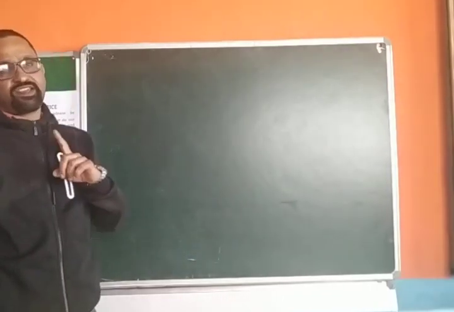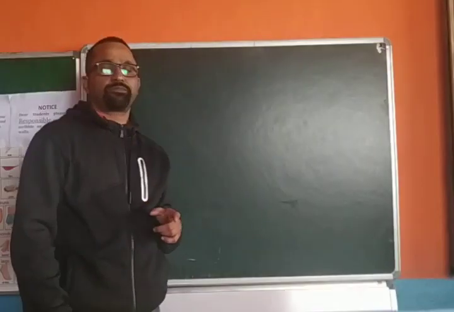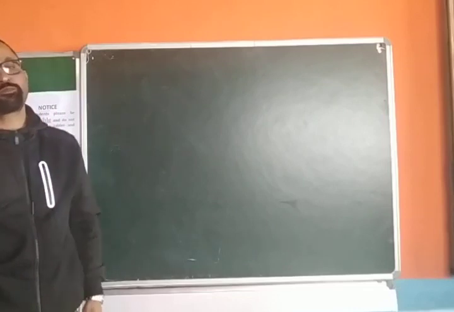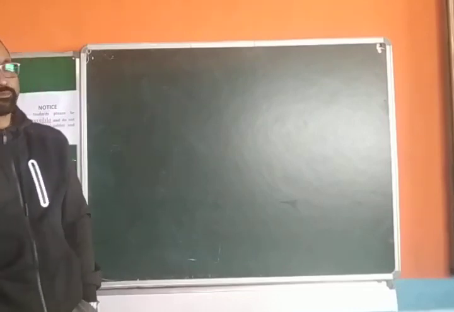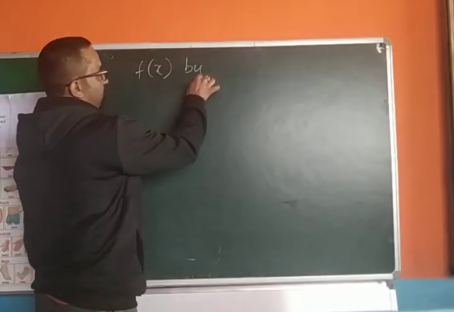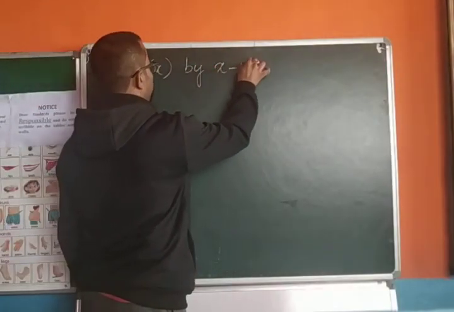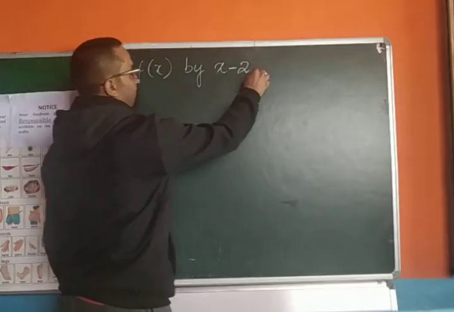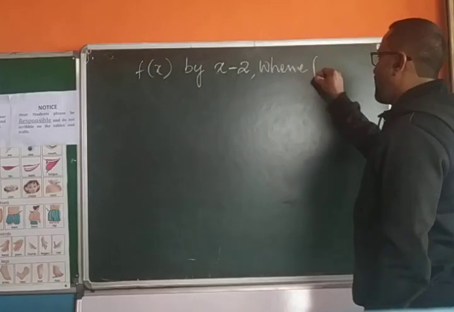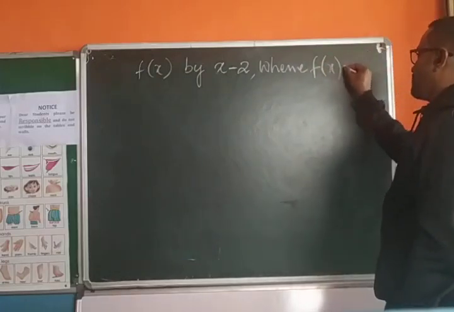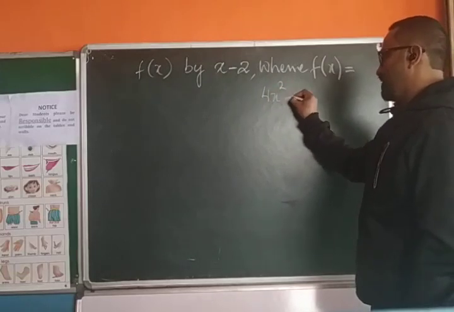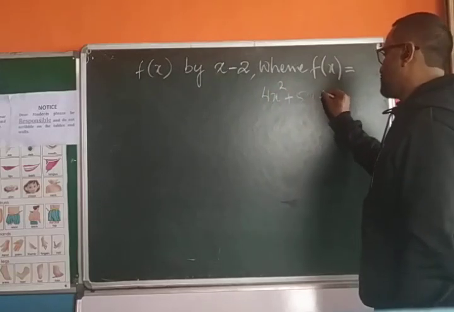The first question says that find the remainder (without division) on dividing fx by x minus 2, where fx equal to 4x squared plus 5x plus 6.